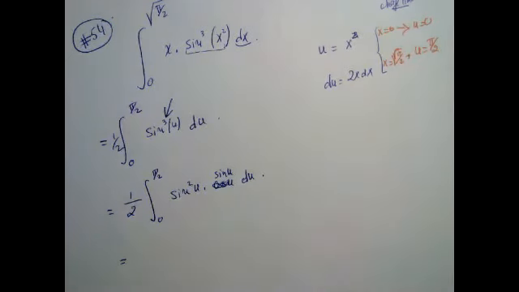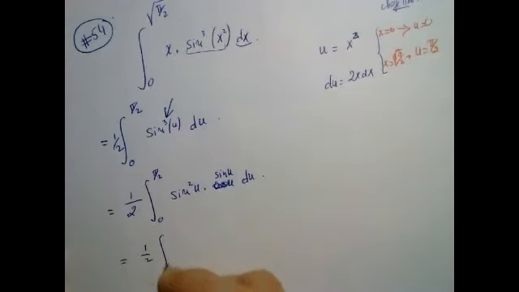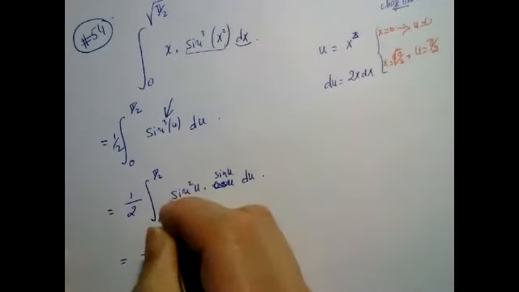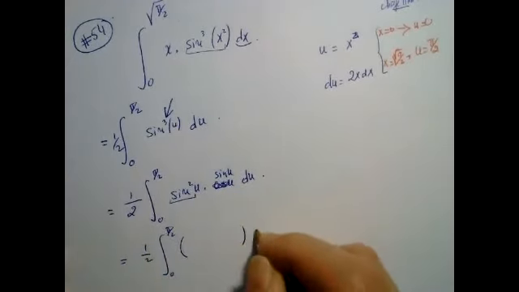Why did we split? We make sine squared 1 minus cosine squared. What's the goal? Why do we do this? So that we can then make u cosine.